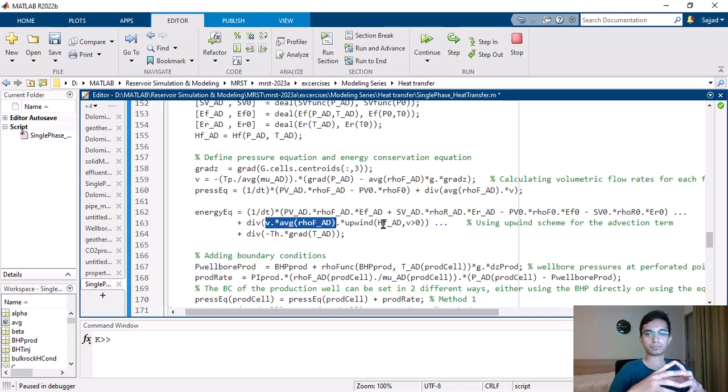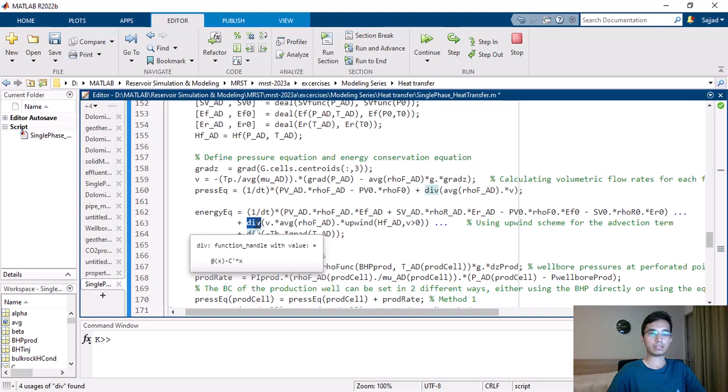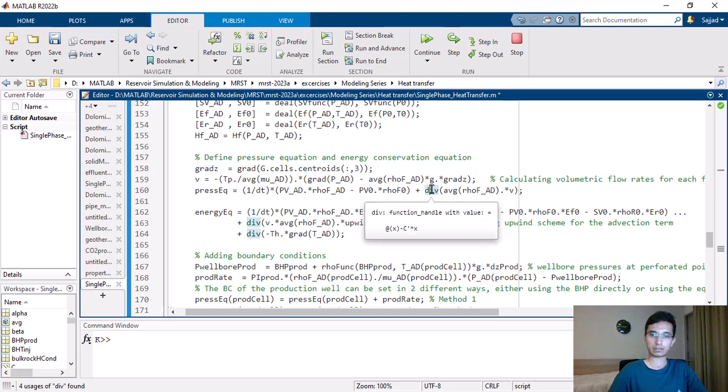And this energy rate gives us the energy rate at all the faces of the grid cells, and by the usage of the divergence operator, the net inflow or outflow of energy is calculated for that grid cell, which is the same as this one, all right?